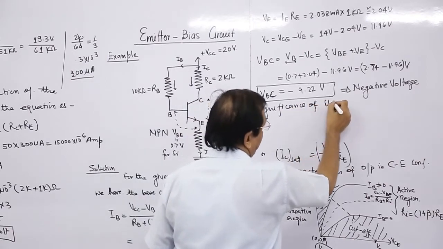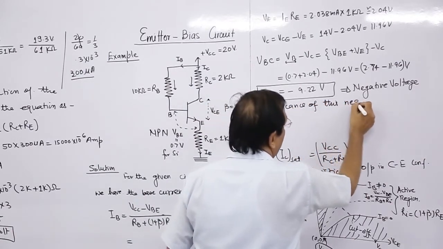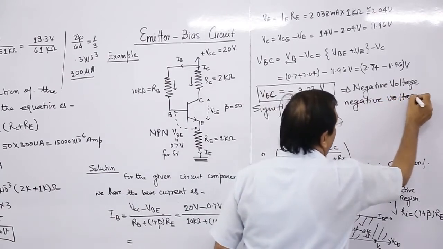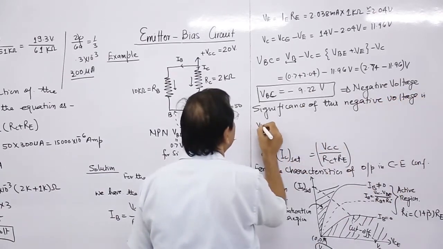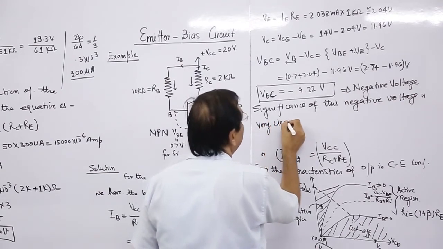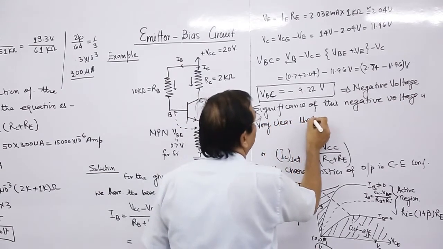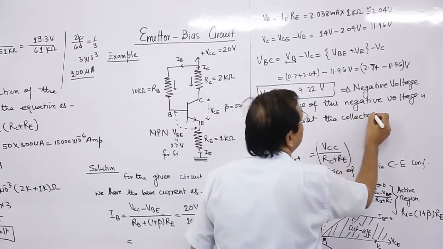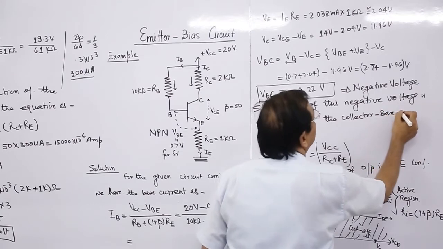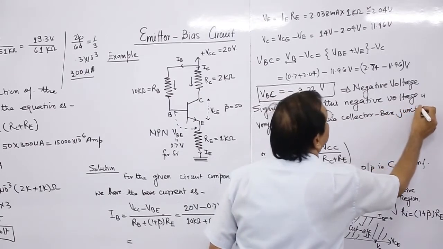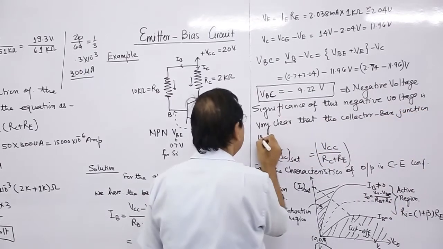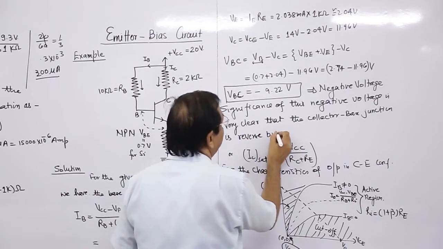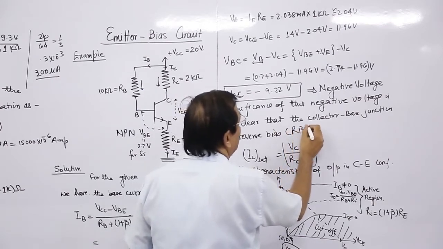The significance of this negative voltage is very clear: the collector base junction is reverse biased. It is reverse biased.